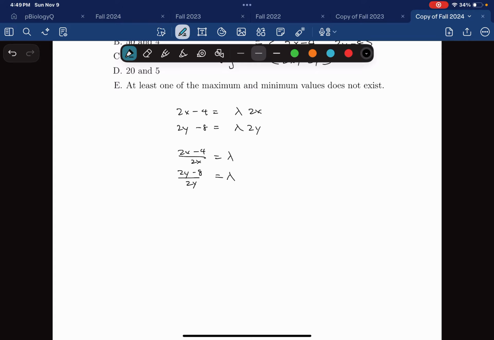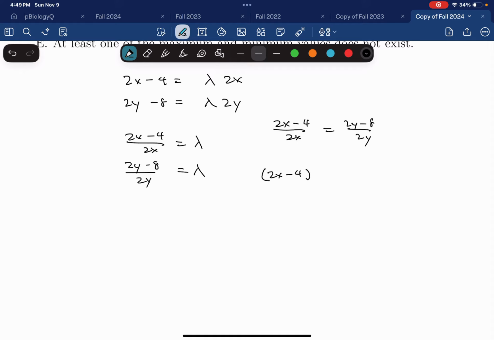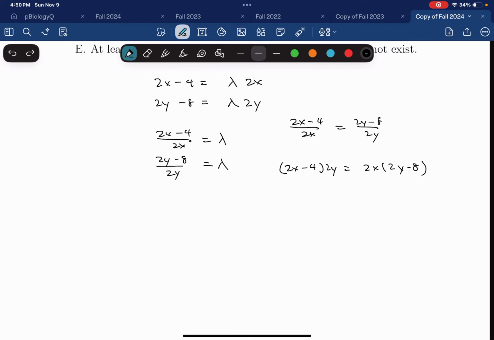So you set those equal to each other. (2x minus 4) over 2x is equal to (2y minus 8) over 2y, which means you get (2x minus 4) times 2y is equal to 2x times (2y minus 8). So in that case, cancel out those. Wait, no, that's not how math works.